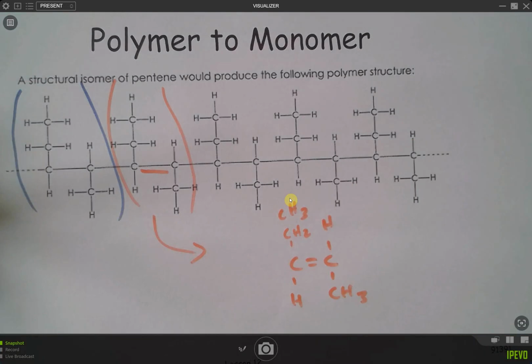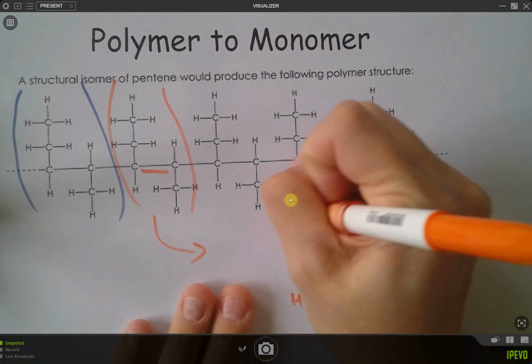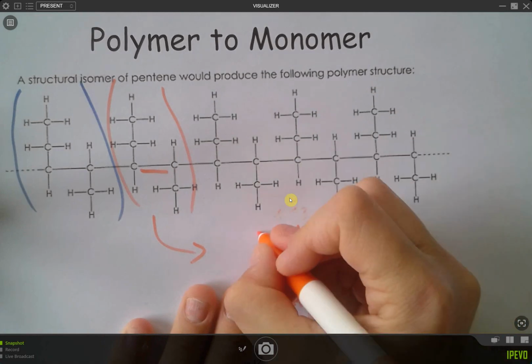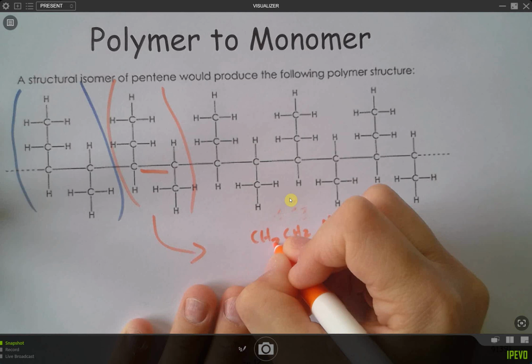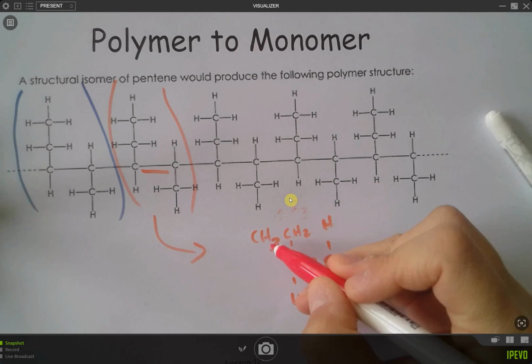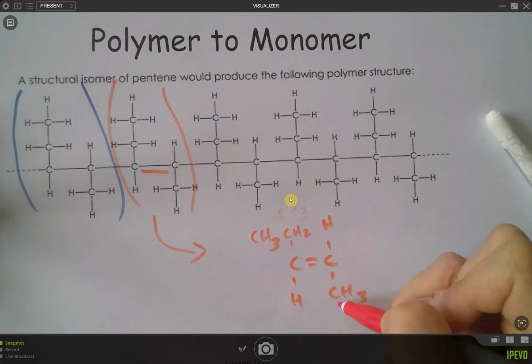The other way you could draw it, actually I might move it so you can see it a little easier. CH2, CH3. Now, when it comes to naming it, remember, you're looking for the longest chain possible. So 1, 2, 3, 4, 5.